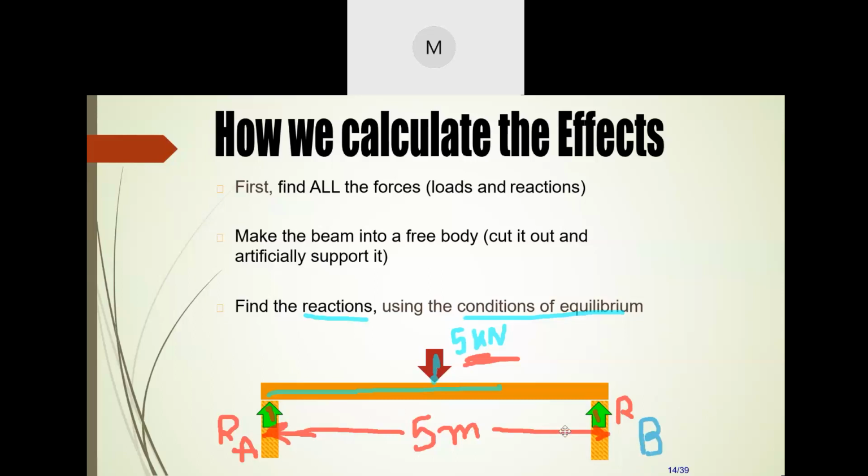Now, how to find out this RA and RB? From conditions of equilibrium, RA into 5, that is force into perpendicular distance, which is the moment, is equal to what?